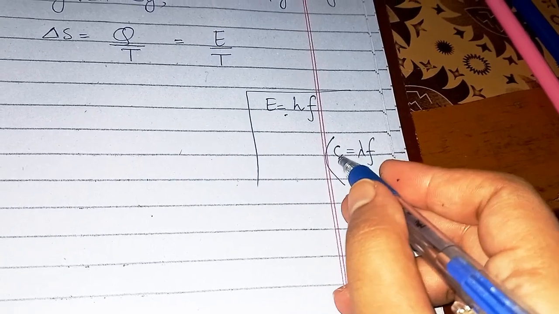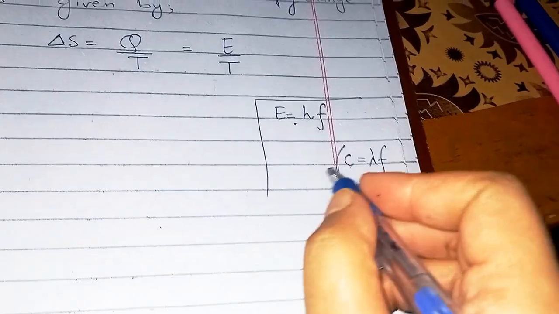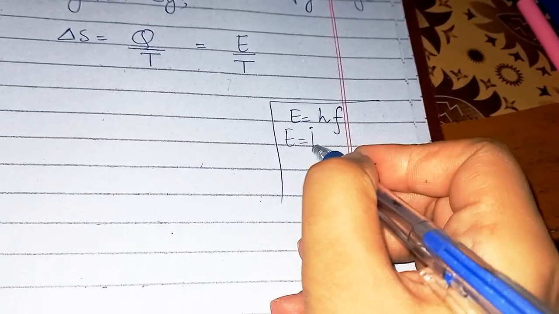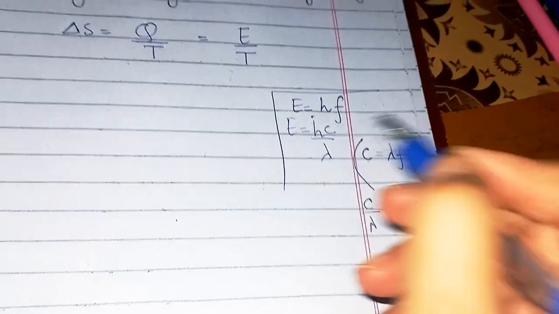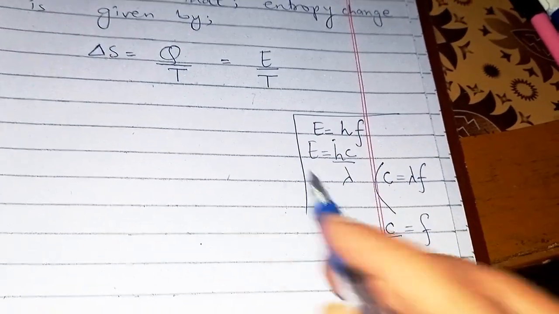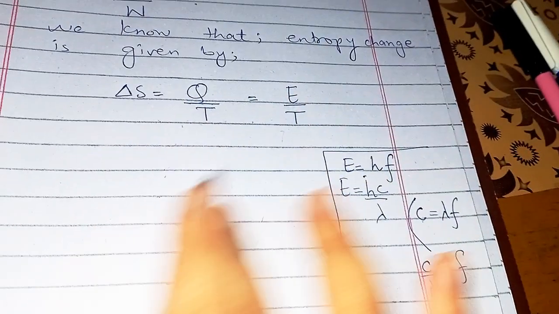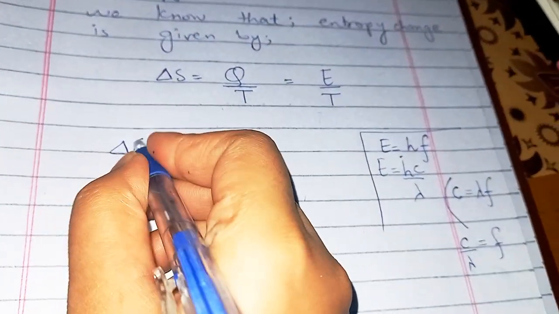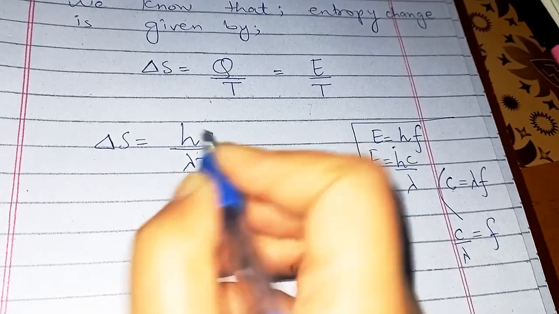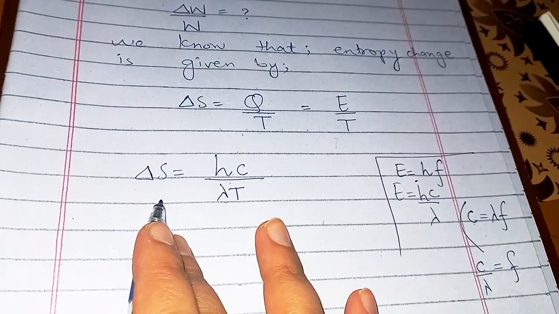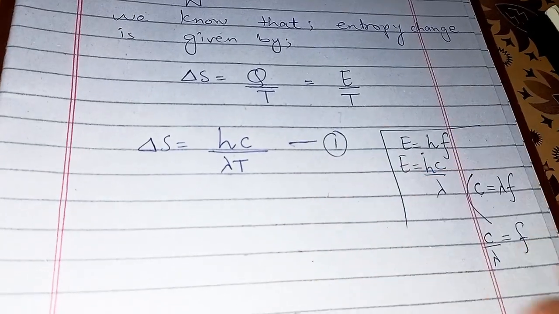It's multiplying here, so it will be divided here, so c by lambda would be equal to f, and we can insert this value right back into this equation. So instead of f, we'll write c by lambda. So h c by lambda is the energy of the photon that we can insert right here, and T is already there. So that's the entropy change so far. We can call it equation number 1.